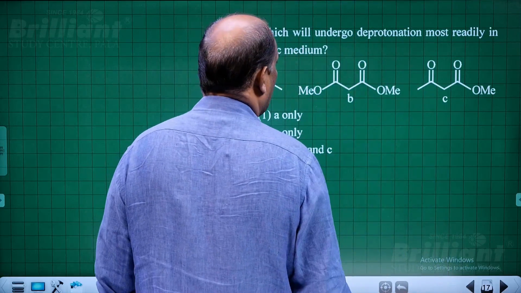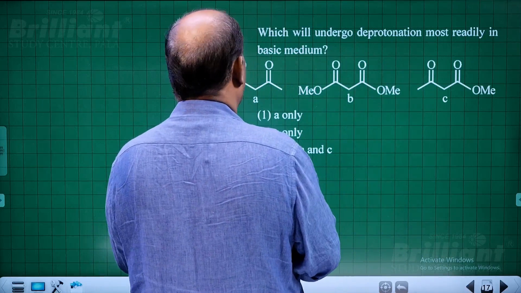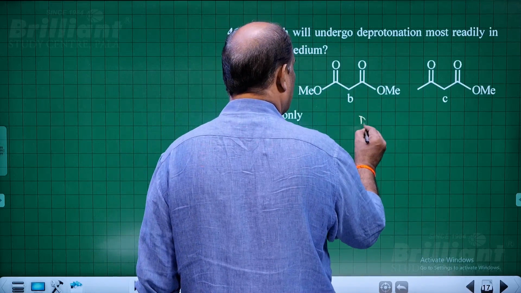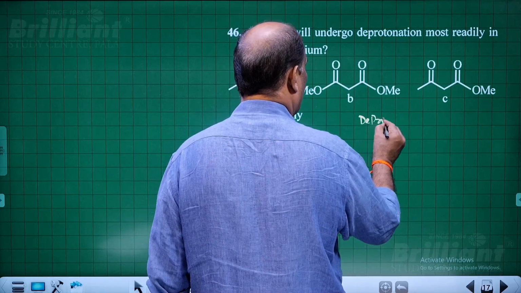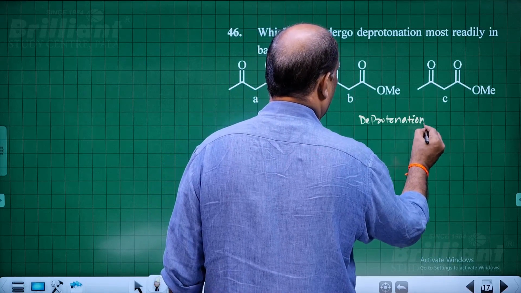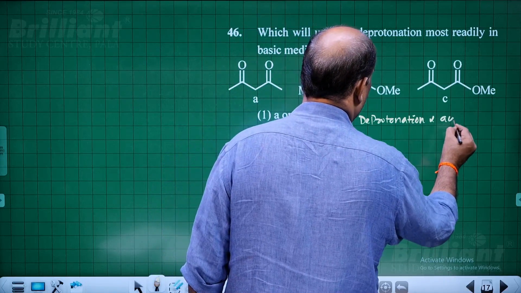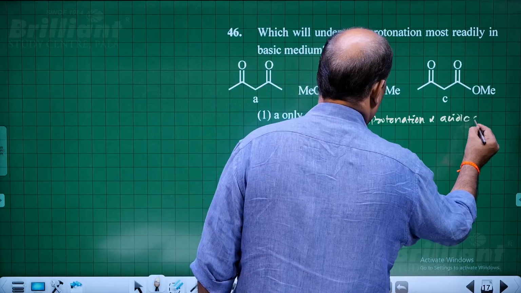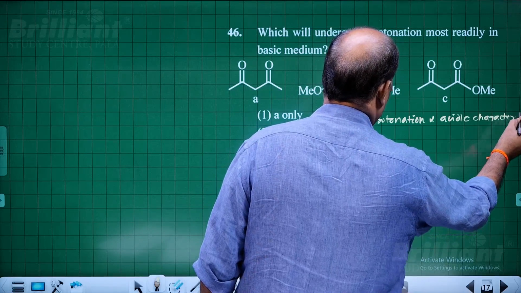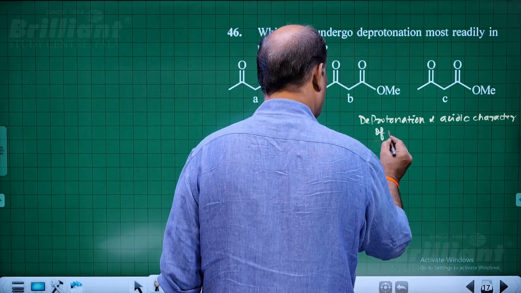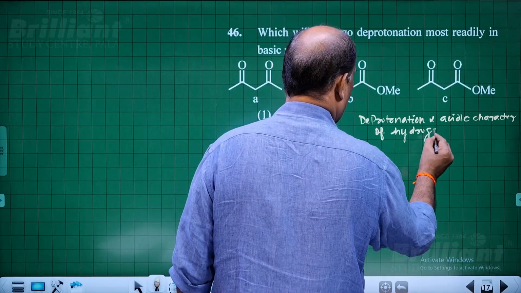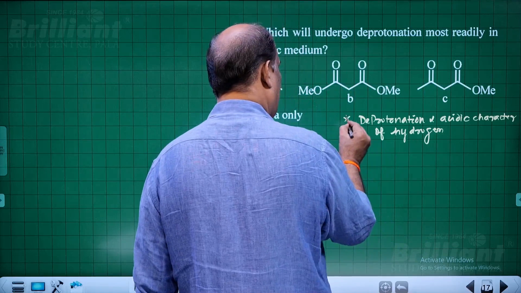Which of the following will undergo deprotonation most readily? Basic medium. So deprotonation is directly proportional to the acidic character of hydrogen.